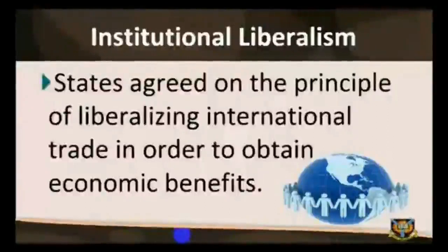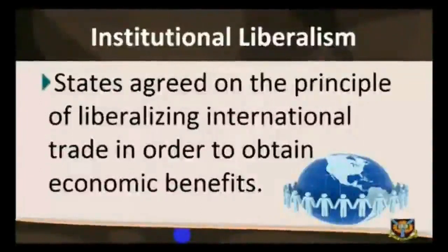The process and logic for such a proposition follows that states operating out of self-interest and rationality will tend to opt for the situations and opportunities that will maximize the benefits and gains for each particular state.